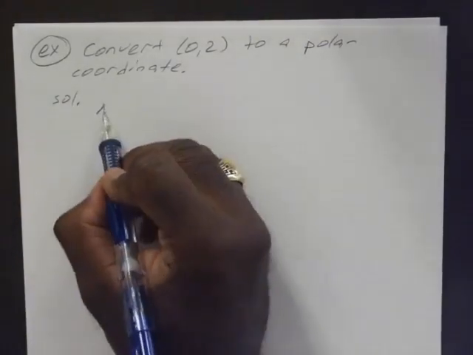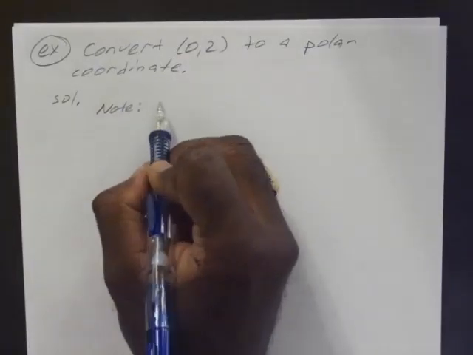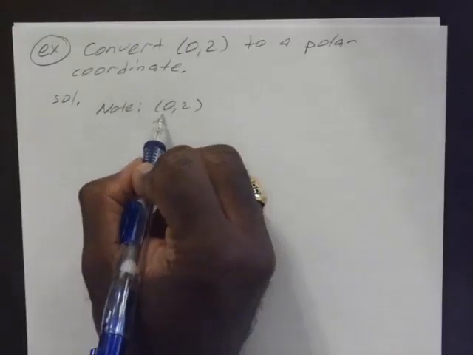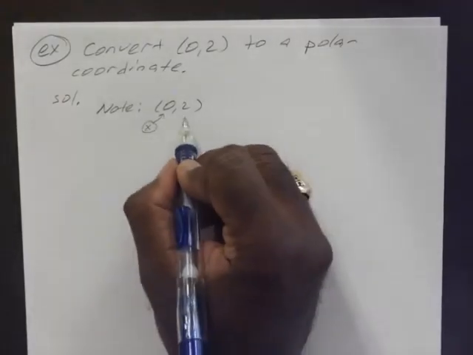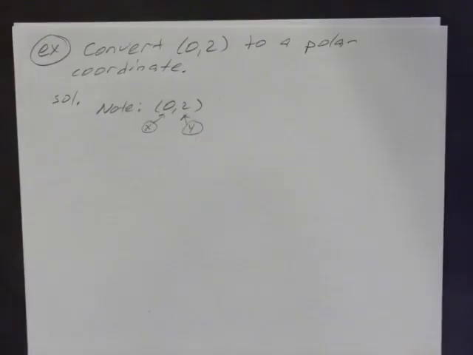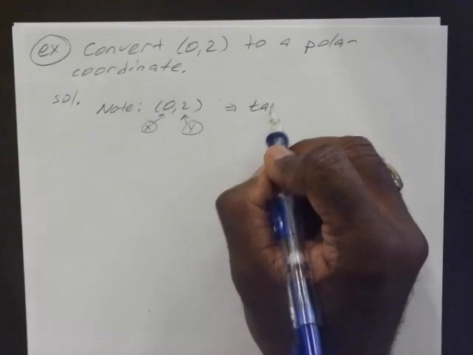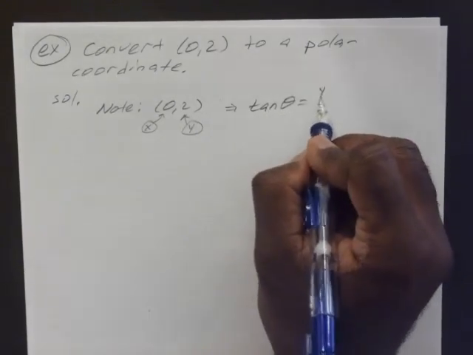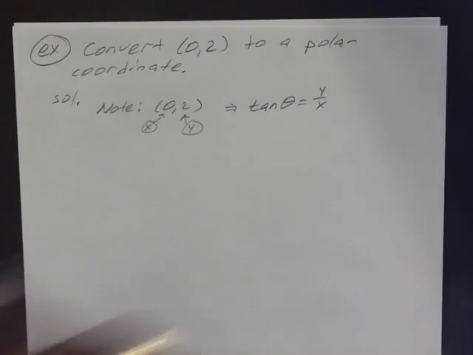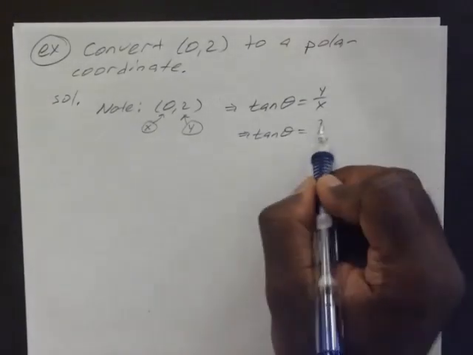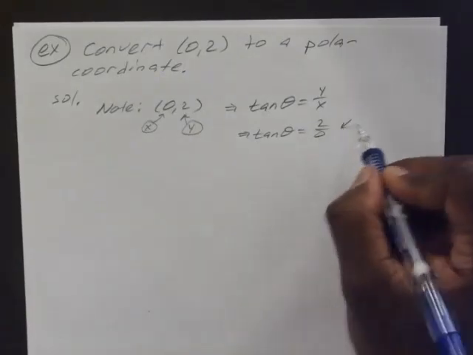With the point 0, 2, this is our x, and this is our y. If you take tangent of theta equals y over x, that gives tangent of theta equals 2 over 0, which is undefined.